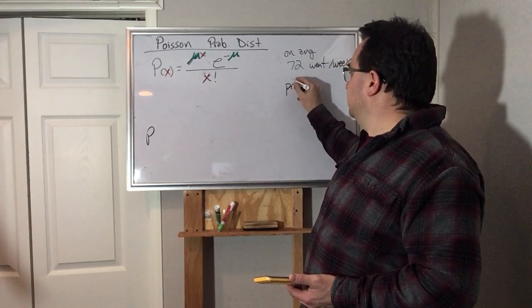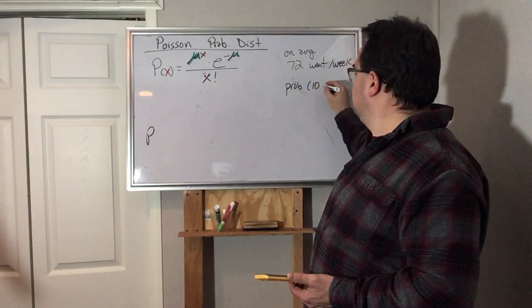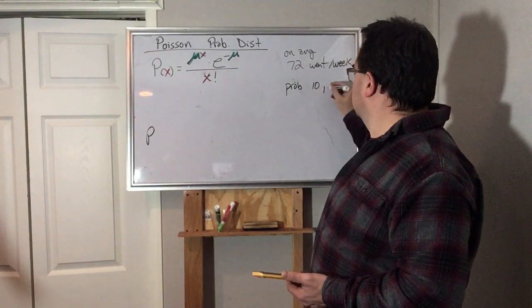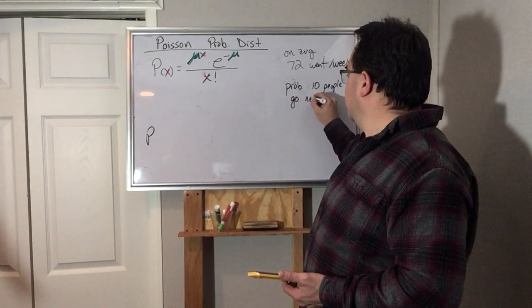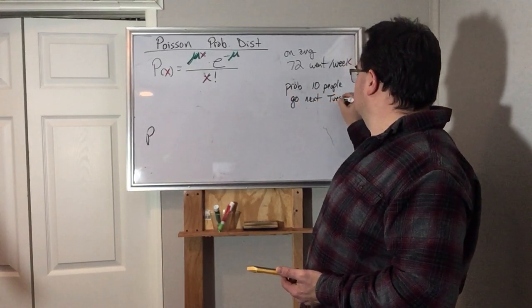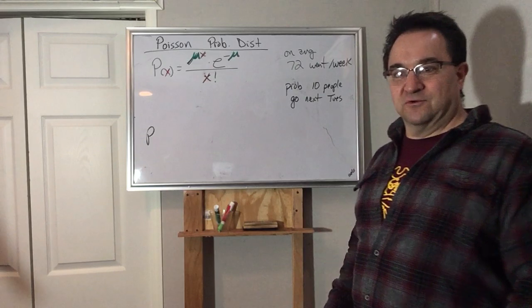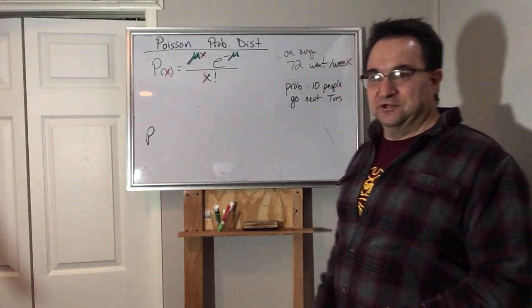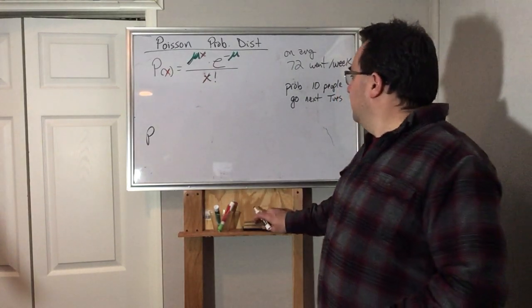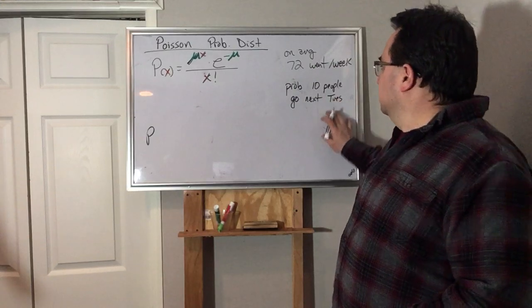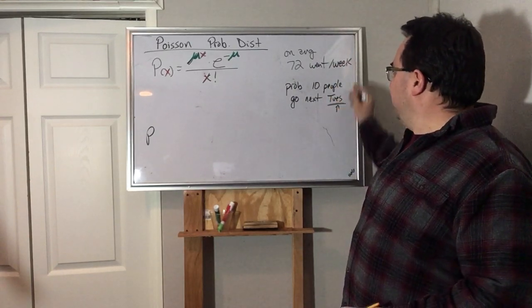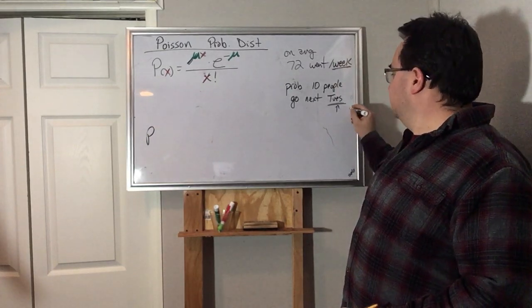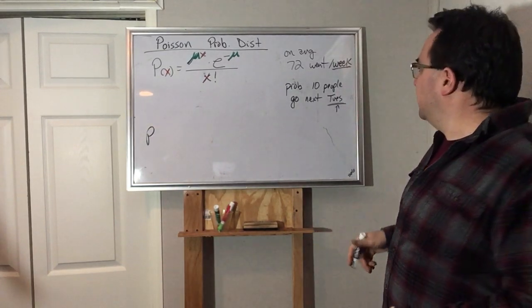What's the probability that 10 people go next Tuesday? Supposing, of course, we're all back in school on some particular Tuesday. We'll get there. Well, what am I seeing here? I notice immediately I have a mismatch. This is one day. This is a week.